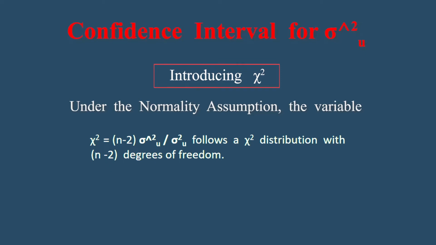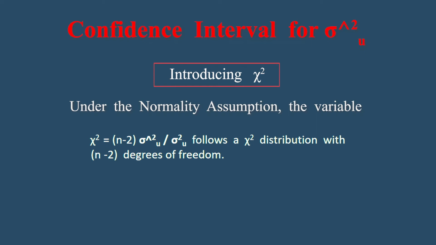This sigma hat square u is estimated from the sample, and sigma square u is the population variance. Just as in a z statistic we want to claim whether x bar is close to mu or different from mu, here also we go for a ratio analysis. We want to claim whether sigma hat square u is significantly different from sigma square u or not. That is how we define the chi-square test procedure.